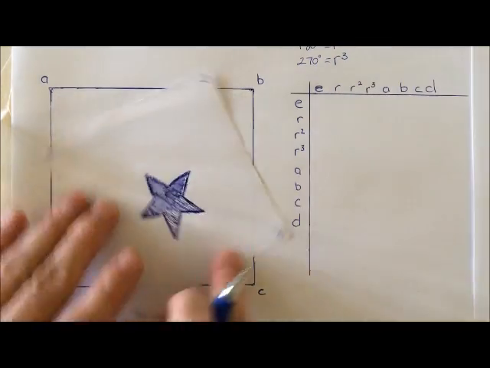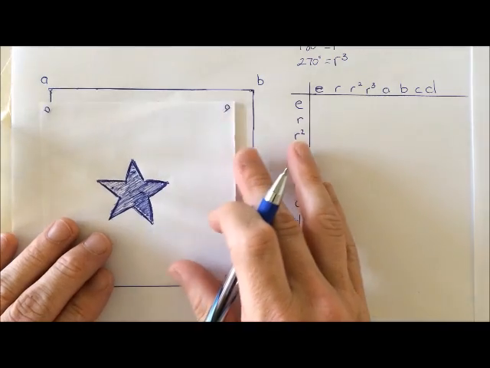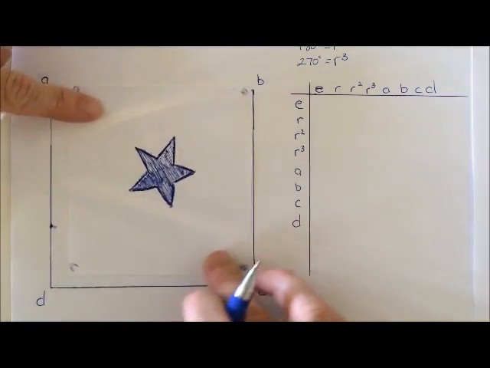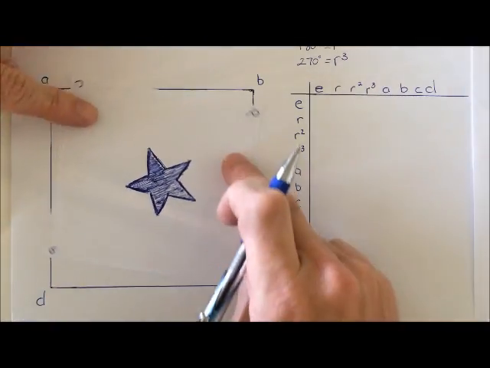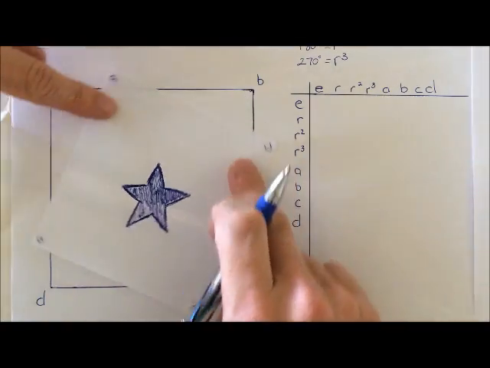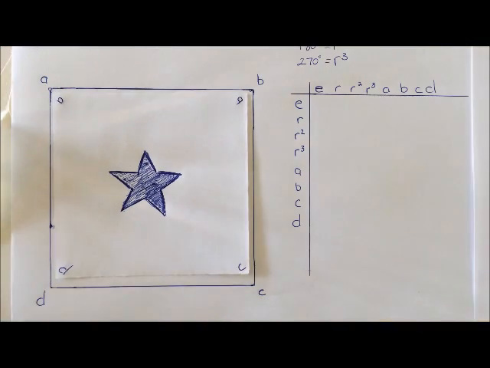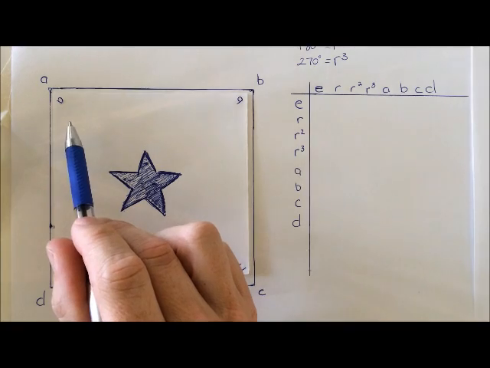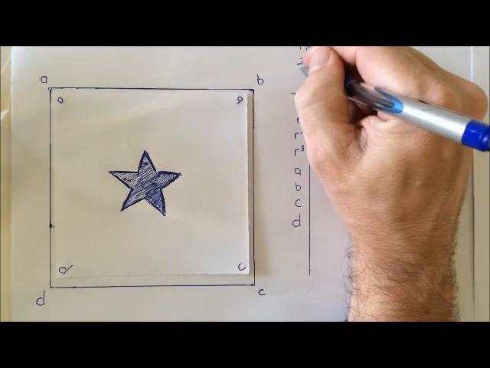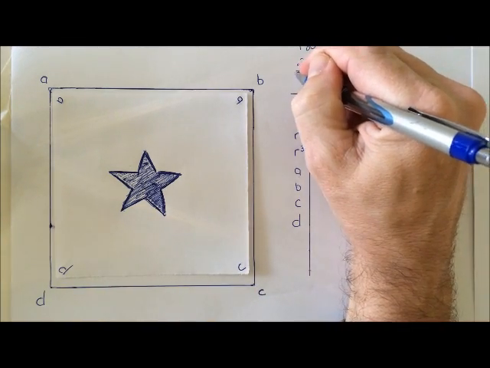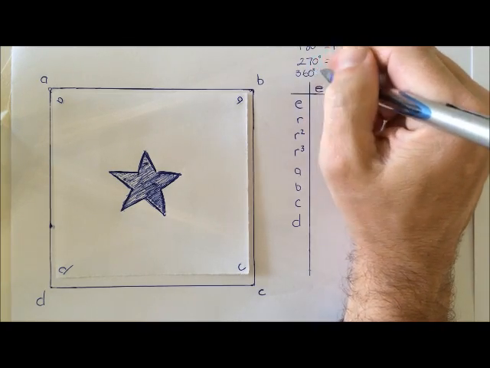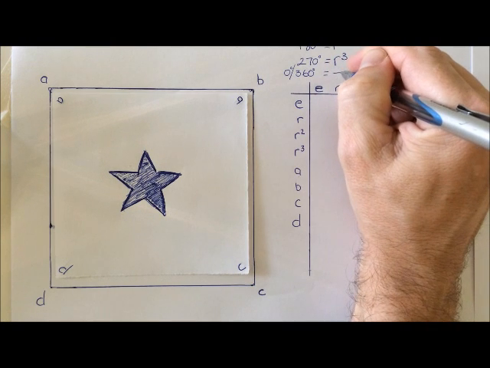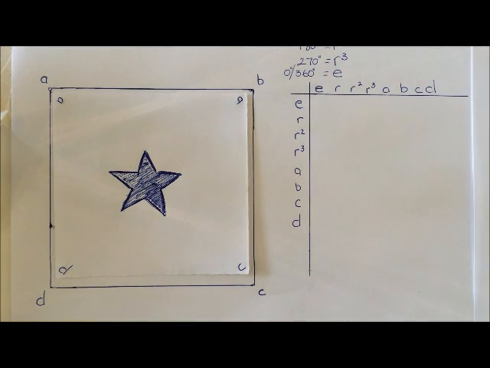And finally, if we go through 4 rotations, 1, 2, 3, and 4, we end up back where we started. So this is our identity. 360 degrees, or we're back to where we started, so it's also 0 degrees, equals the identity.